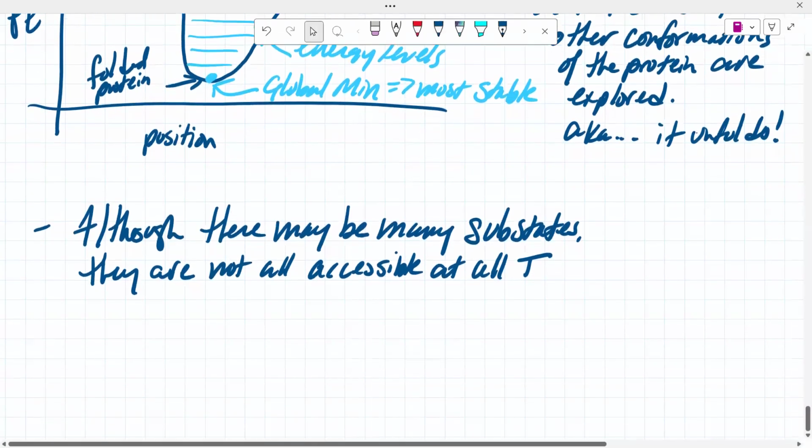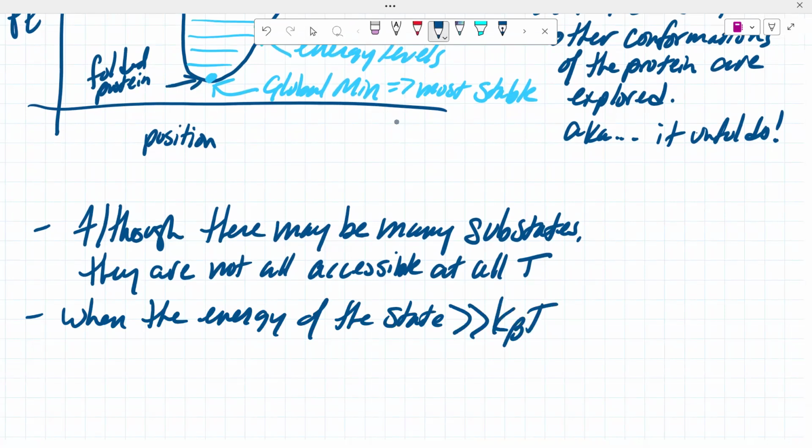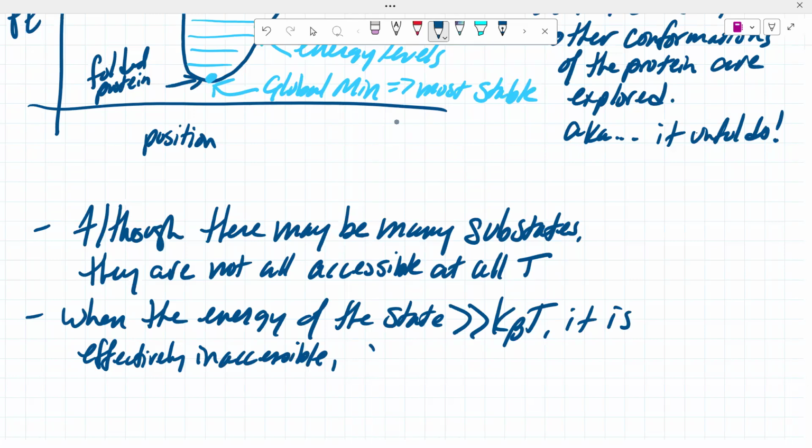When the energy of the state is much greater than kBT, it is effectively inaccessible in terms of statistics.